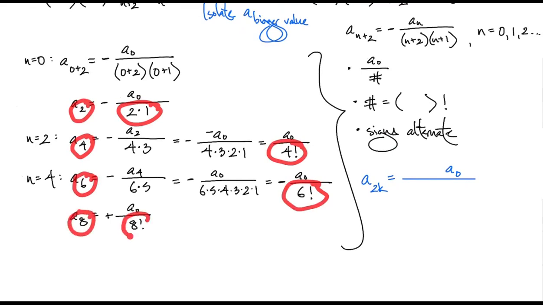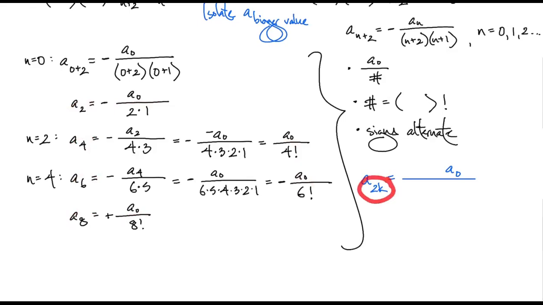This is 8, 8 factorial. So if I have 2k, how would I write that in the denominator? Exactly. We're going to have 2k factorial. That takes care of it; a sub 0 is all we need to know, and then we divide it by that factorial.